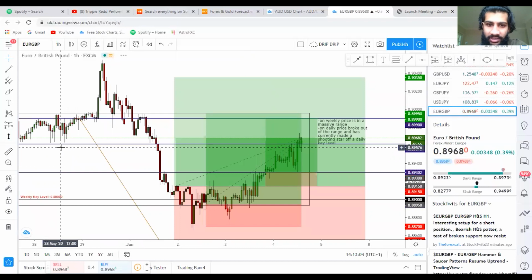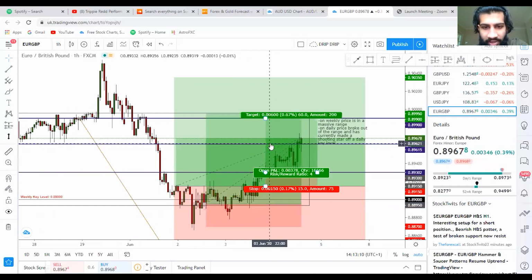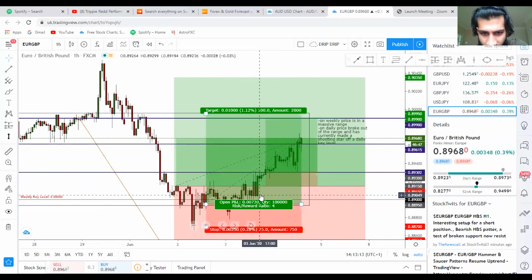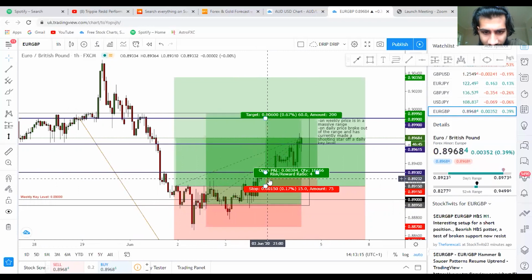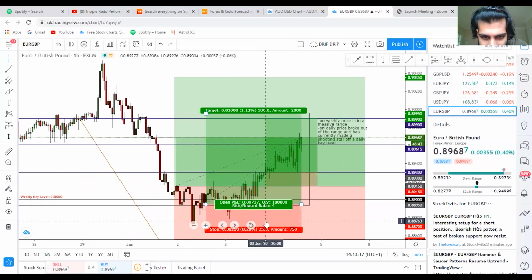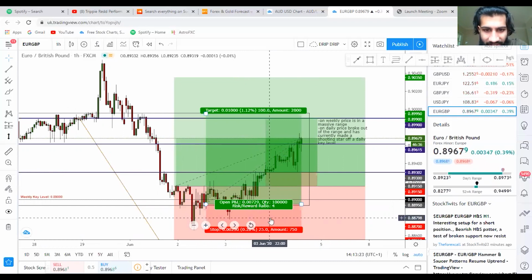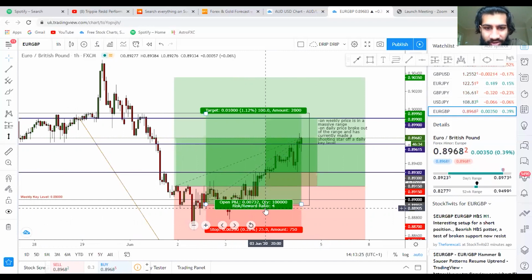That's why I entered Euro USD actually, because the candlestick pattern on that was a shooting star from what I remember off a key level. And over here, yes, there was a break, but there wasn't any sort of candlestick pattern forming just yet. There was a half shooting star like pattern, but I was thinking of it more as a doji, hence I didn't really enter it.